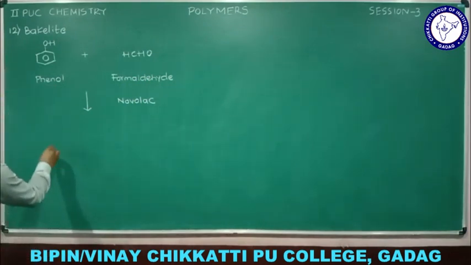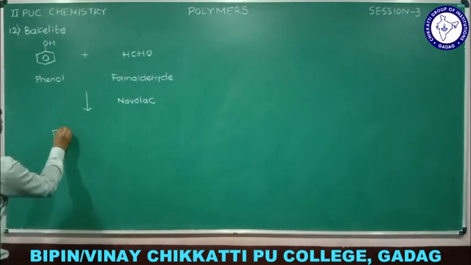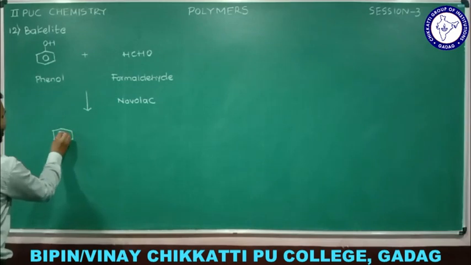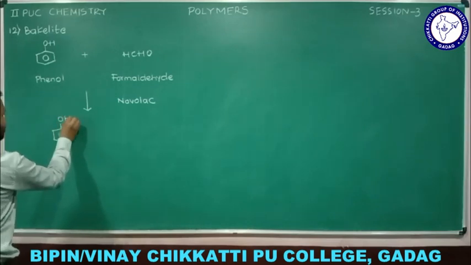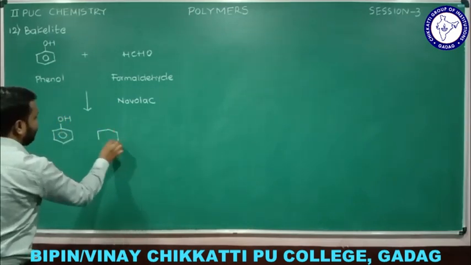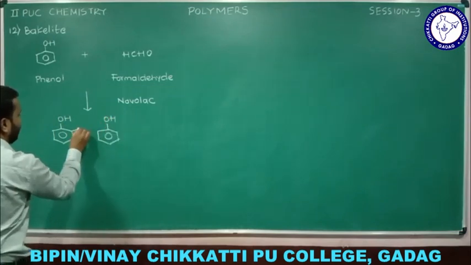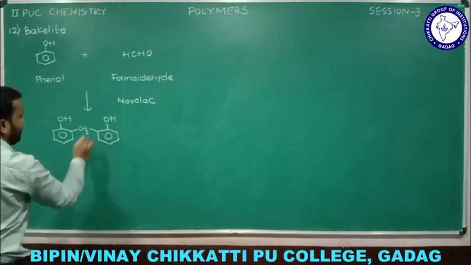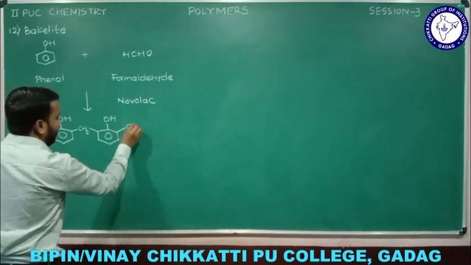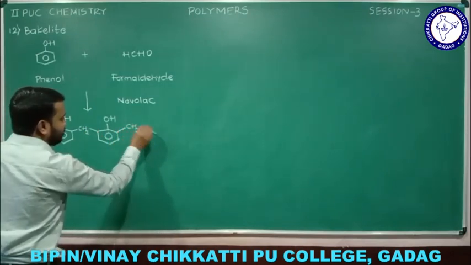So let me draw the structure of bakelite here, a partial structure. This is one phenolic group and one more phenolic group, and these two are linked by CH2, and here we have a CH2, and this will continue.